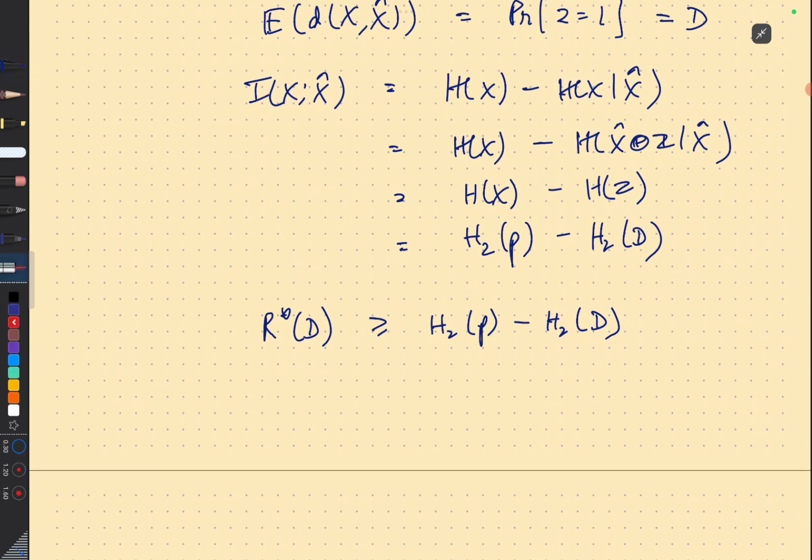We got this by choosing one particular distribution. What we want to show is that, in fact, this conditional distribution minimizes the mutual information.